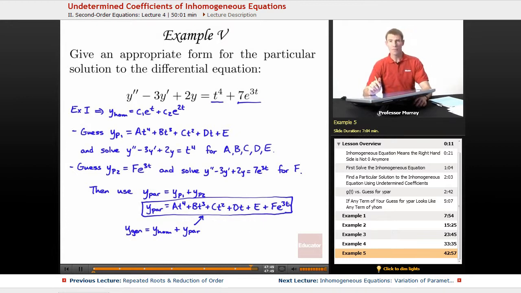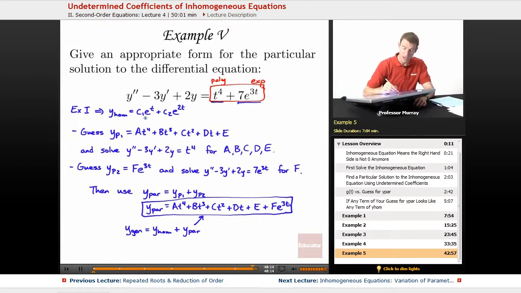So the key idea of this example, just to recap here, is that when you have a combination right-hand side like this, what you want to do is split it up into the two different types of functions. So we have a polynomial part and an exponential part, and sort of solve for particular solutions separately.